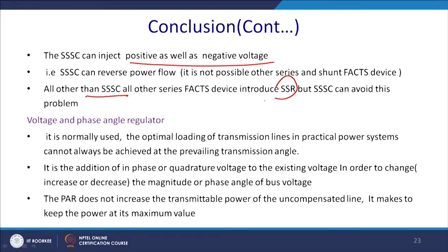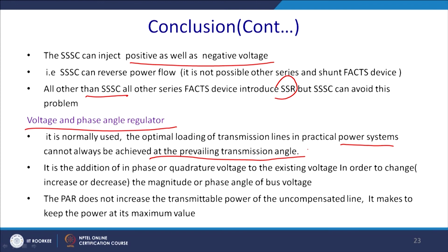Another is the series parallel combination, which is essentially a voltage and phase angle regulator, what we say is PAR. It is normally used for optimal loading of the transmission line, since in a practical power system optimal loading cannot always be achieved by the prevailing transmission angle.